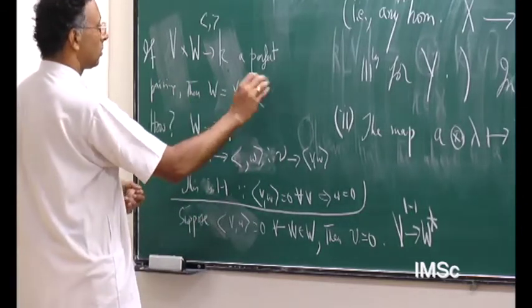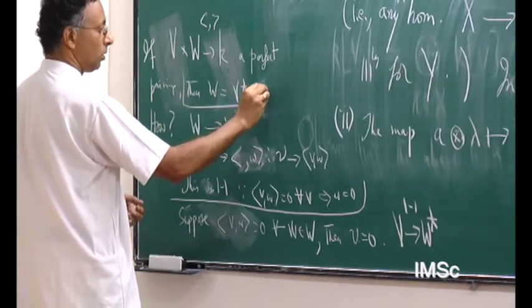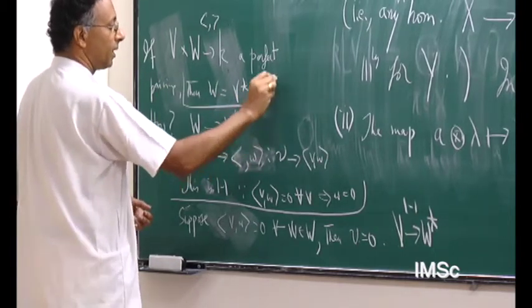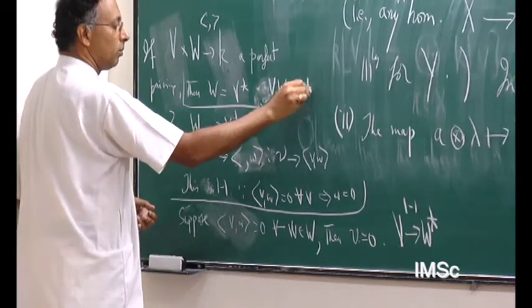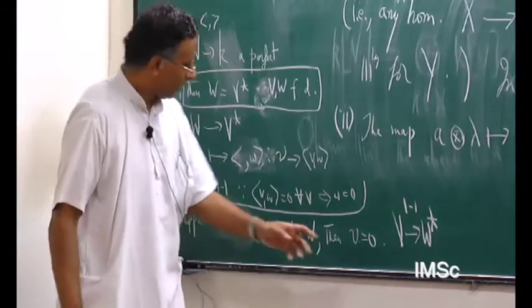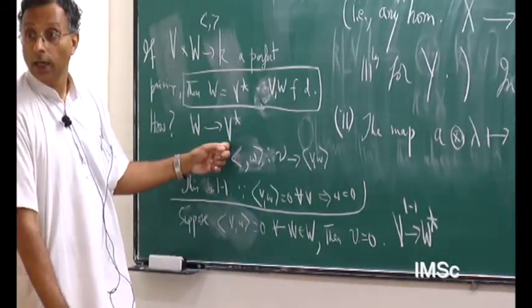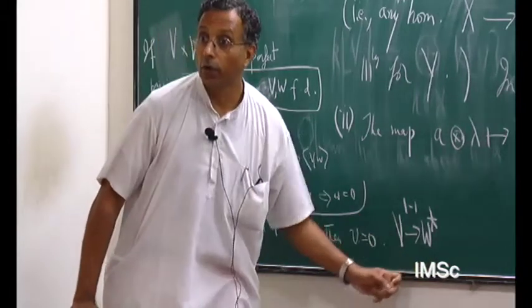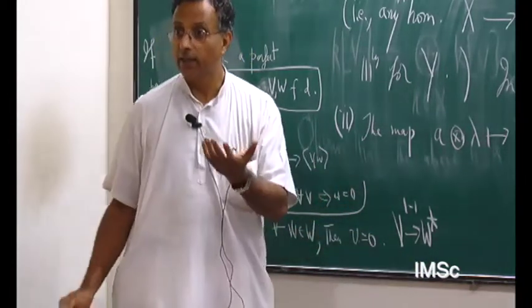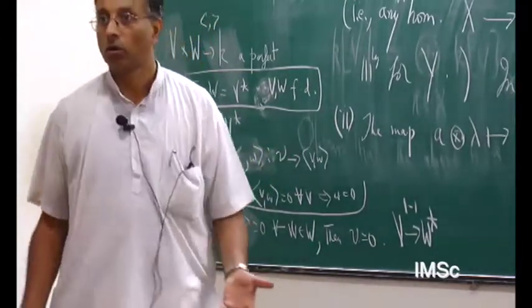So far we have not assumed anything about dimensionality, but now let's assume V and W are finite dimensional. Maybe it's true slightly more generally, but let's not care. Okay, why? Because you have an embedding of V into W star, and you have both embeddings, therefore the dimensions are equal, therefore this map must be an onto map.